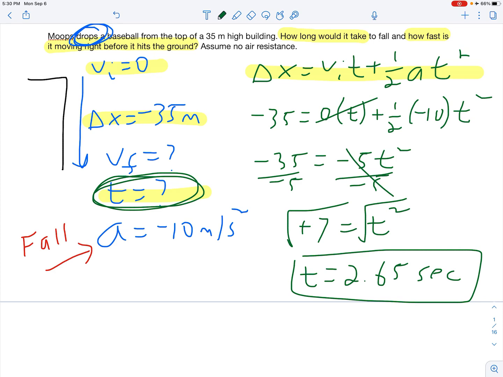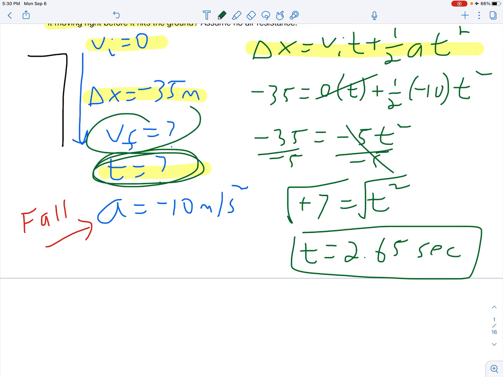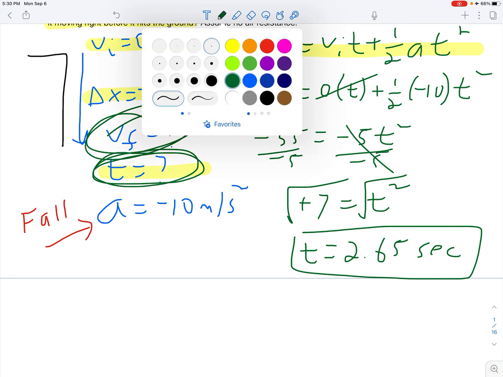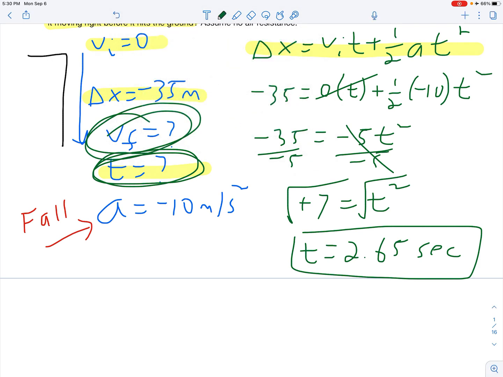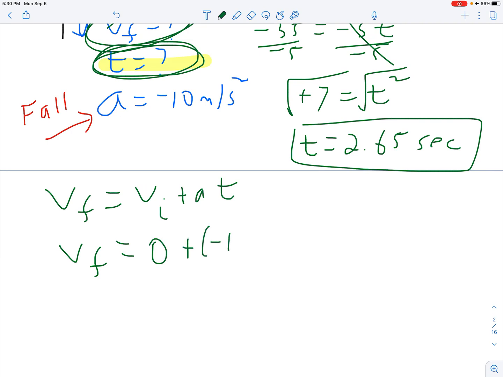Once I have this, I can use almost any equation to find my VF. It doesn't matter which one you use, you'll get the same answer. The simplest one to me looks like this one. So I'm going to say VF equals VI, which is 0, plus negative 10 times T, and I'm going to plug in this T right here.